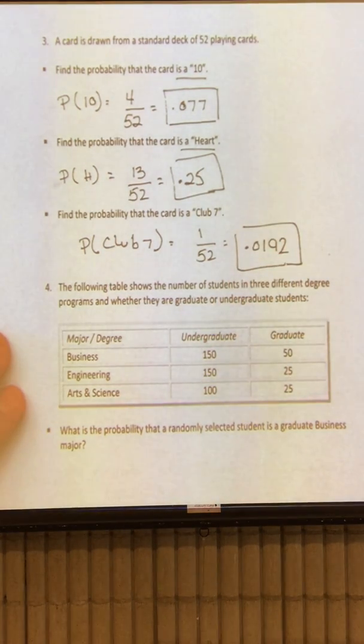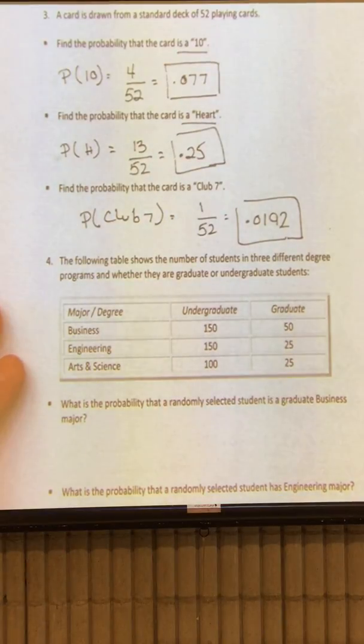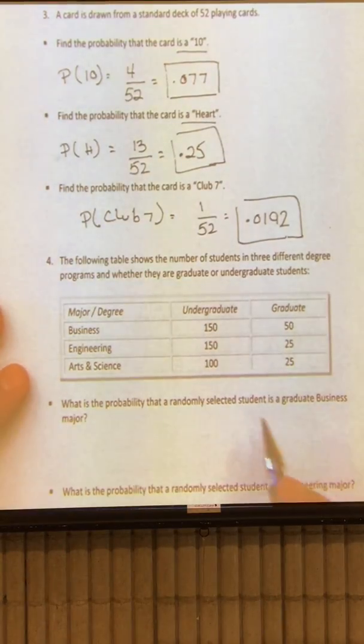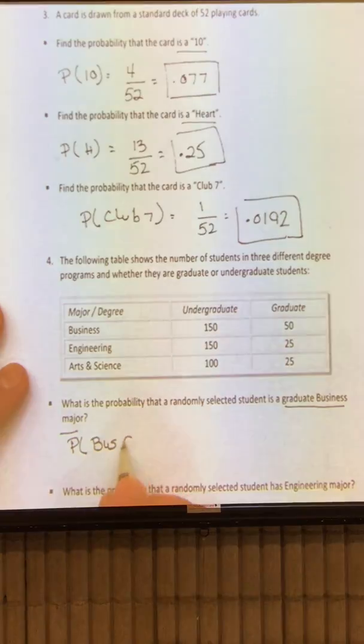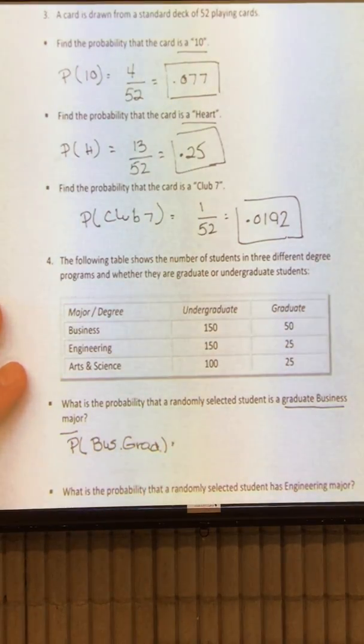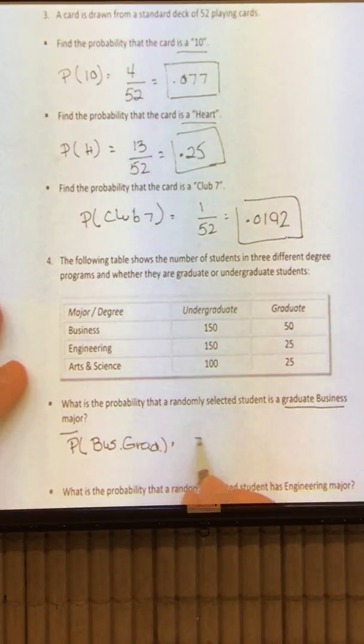Okay, moving on to number 4. Given a table here, what is the probability that a randomly selected student is a graduate business major? So the probability that the student is a business graduate, here you look at your table, business graduate is 50 divided by the total, 500.